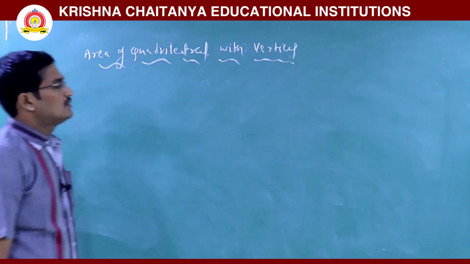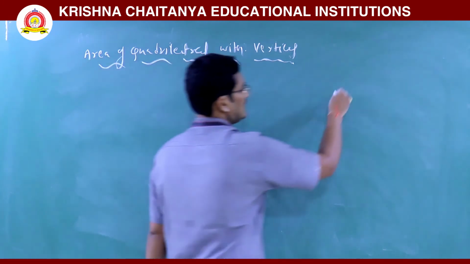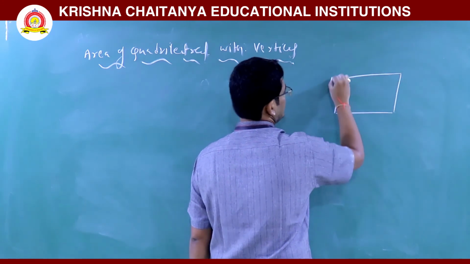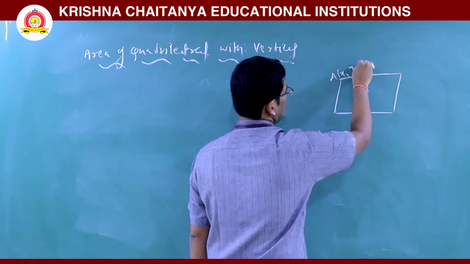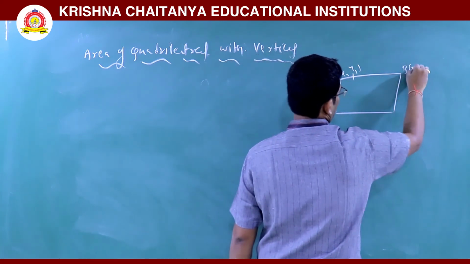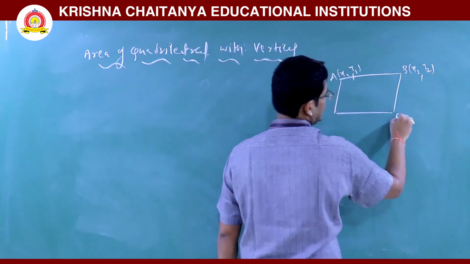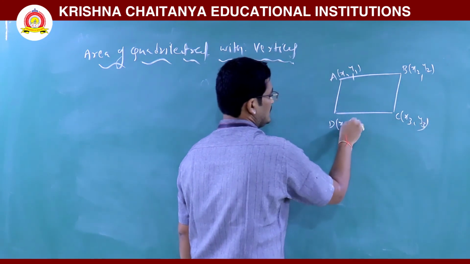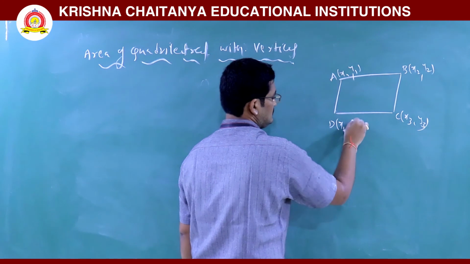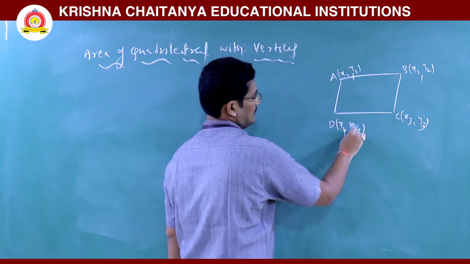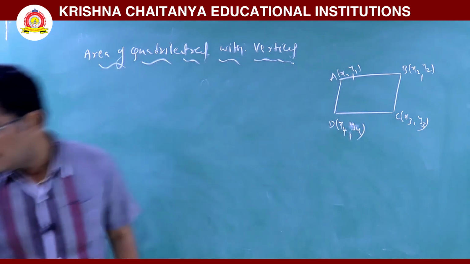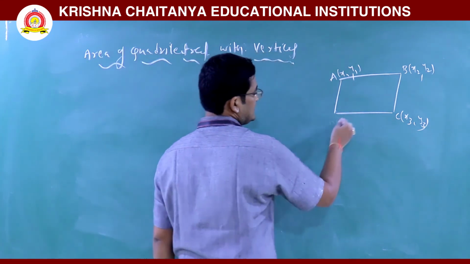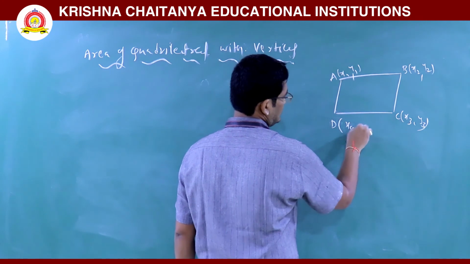We have the vertices of the quadrilateral. Suppose this is quadrilateral ABCD, A(x1, y1), B(x2, y2), C(x3, y3), D(x4, y4). How to calculate the area of quadrilateral ABCD?